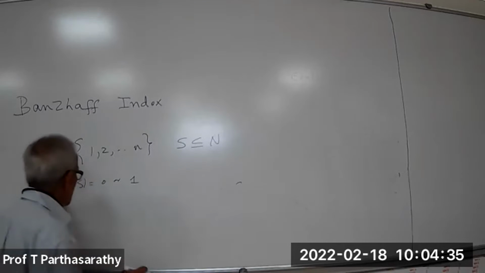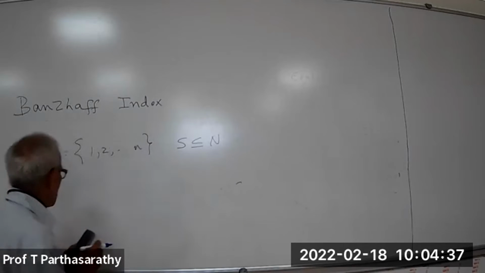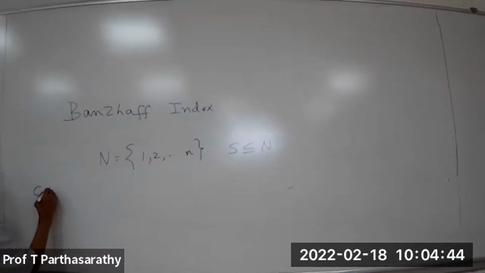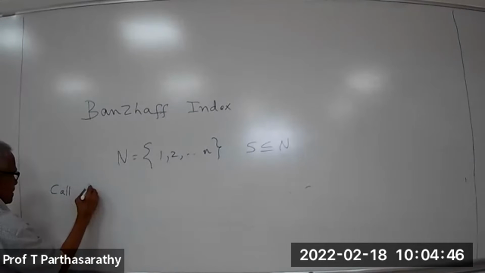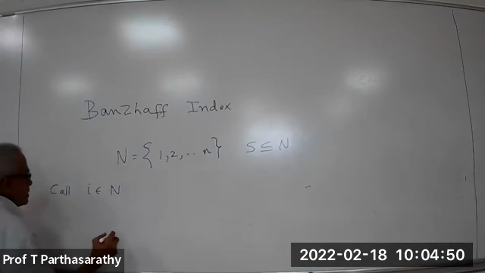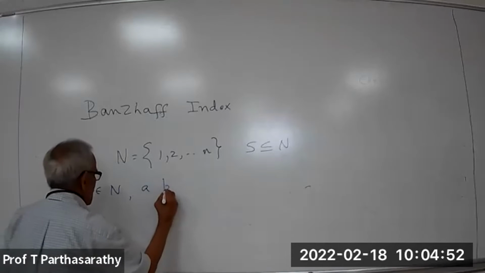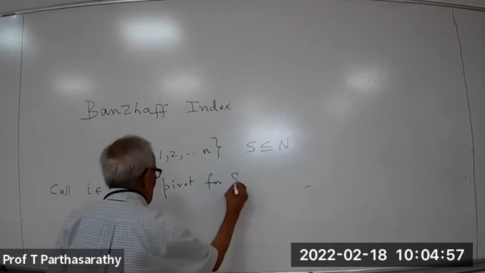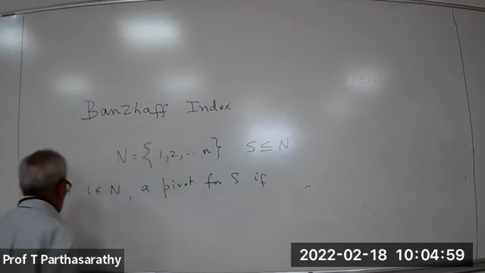Now in order to define the notion of this index, I have to introduce one small definition. Call i in N, the ith player, a pivot for a coalition S if two things happen.